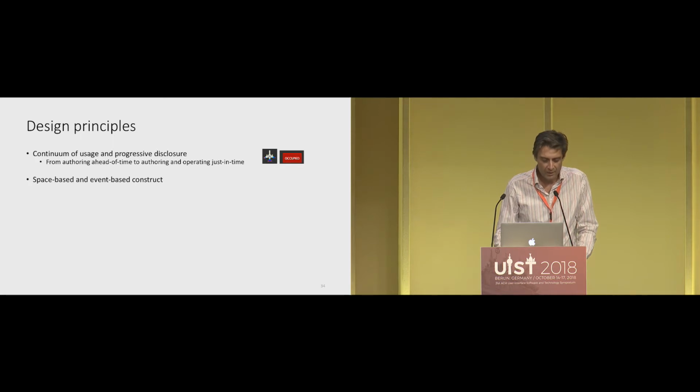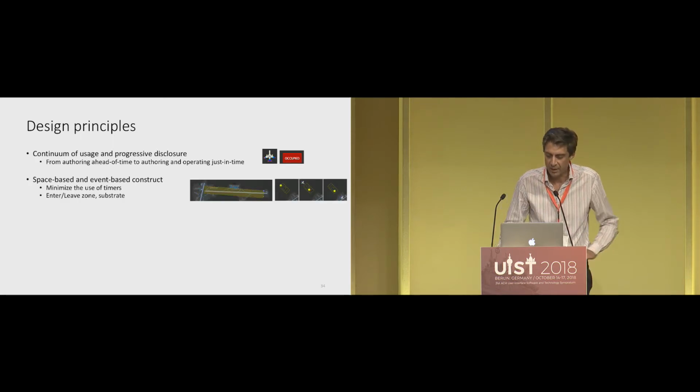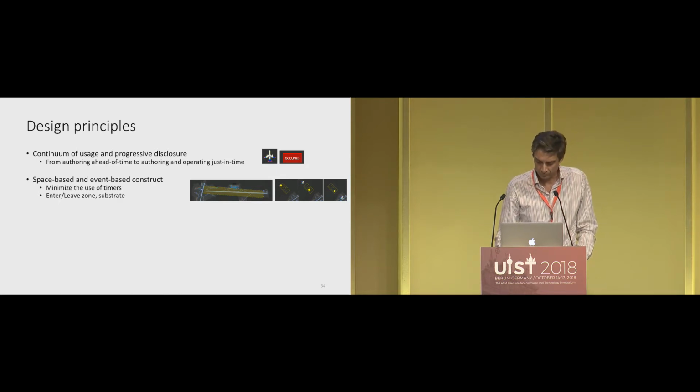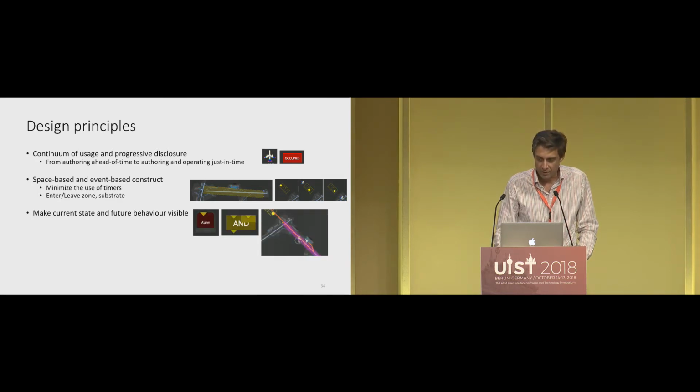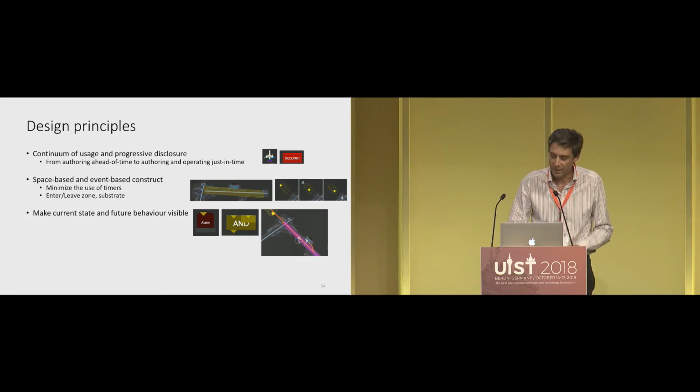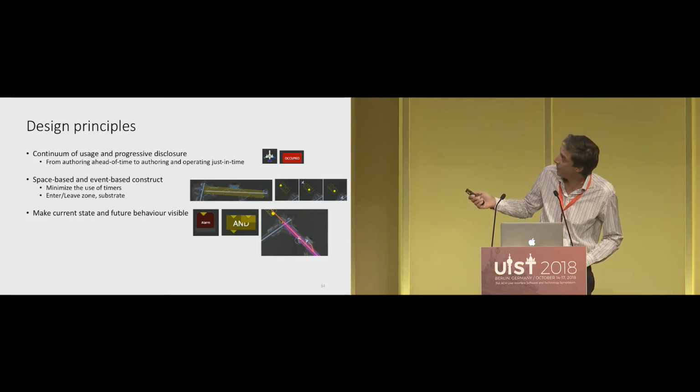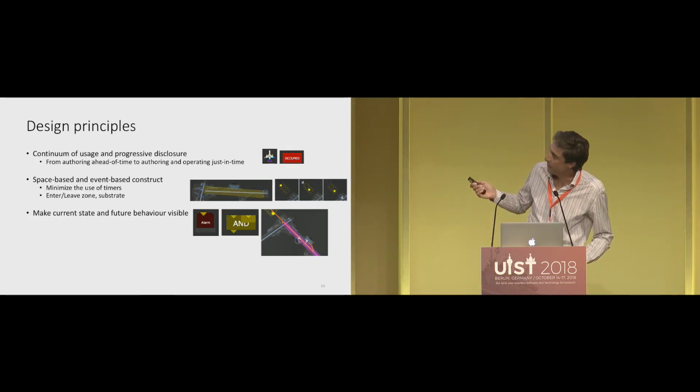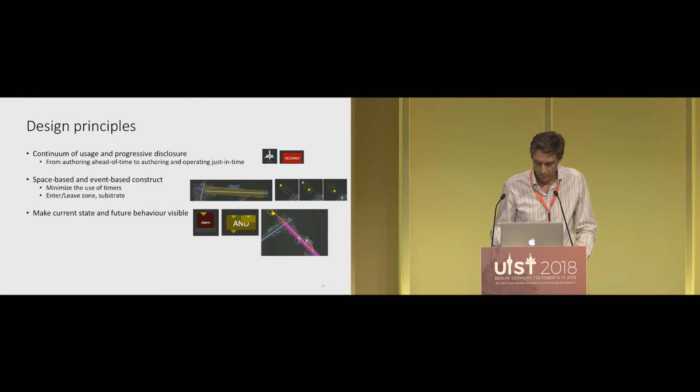We have space-based and event-based constructs instead of the use of timers, and we try to maximize the use of interleaved zones. We try to make the current state and future behavior visible, as you could see here with the alarm, the fact that the operator will be highlighted whenever the input gets triggered, or by using direct manipulation along the path.